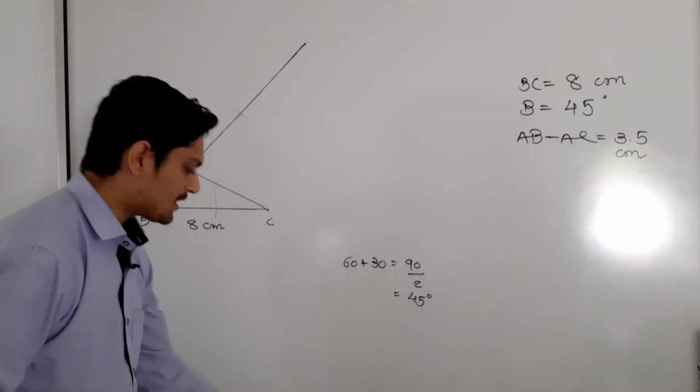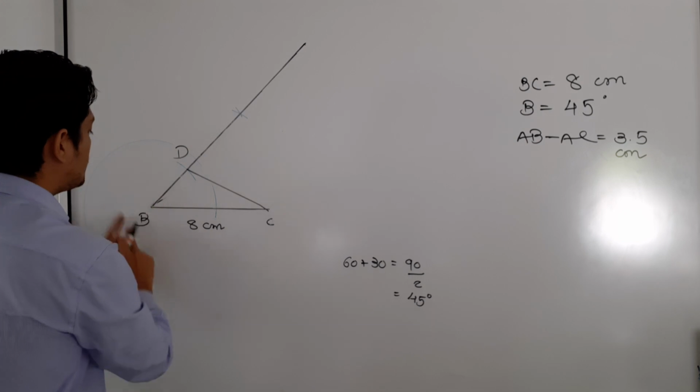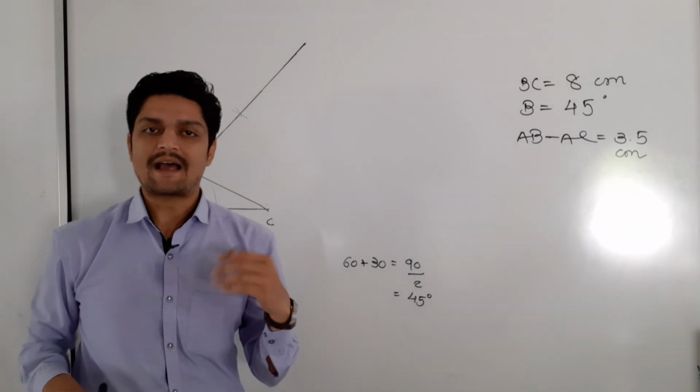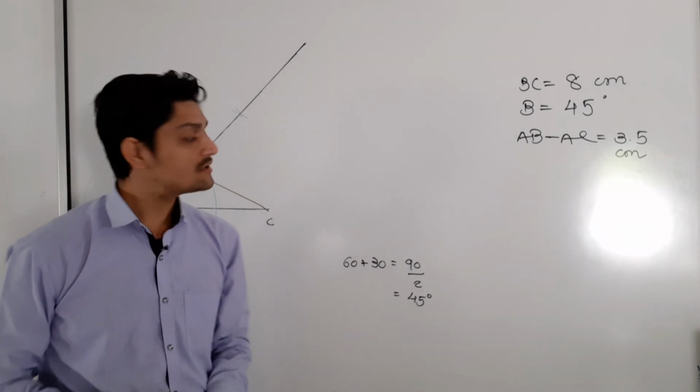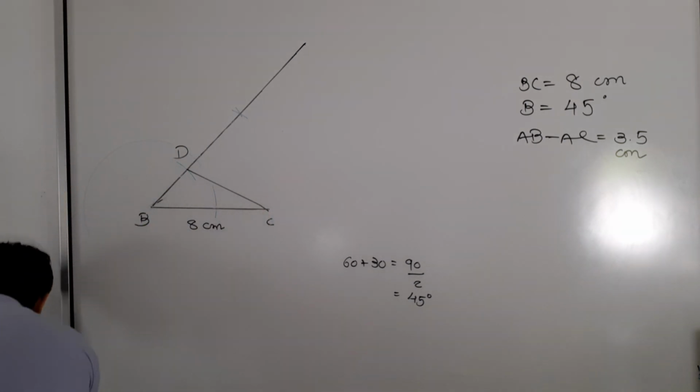Now we have to find the bisector of DC, because this is just triangle DBC and DBC is not the asked triangle. So we have to find its bisector, and now you all know how to find the bisector.